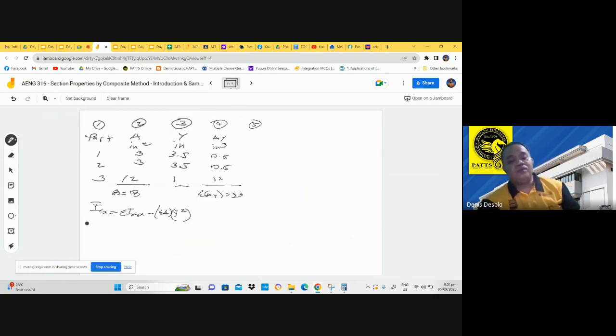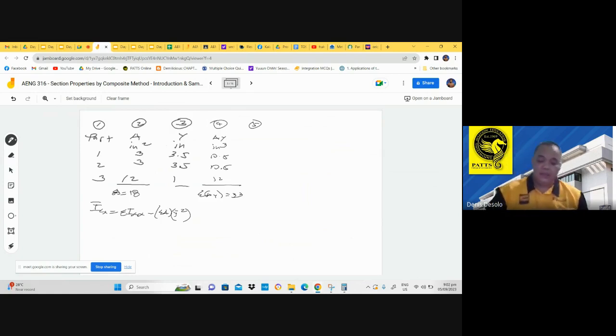So we are going to use this transfer formula, or parallel axis theorem, to solve for Ic sub x. This is the last time that we'll be using the transfer formula or the parallel axis theorem.